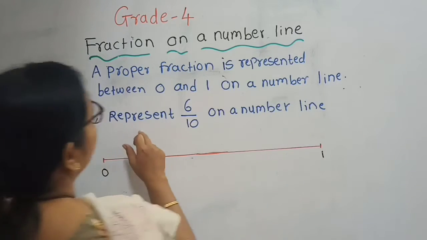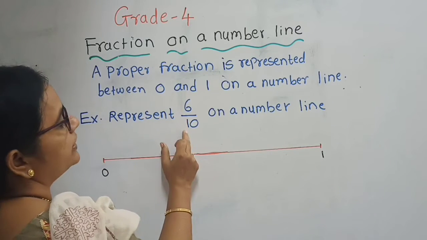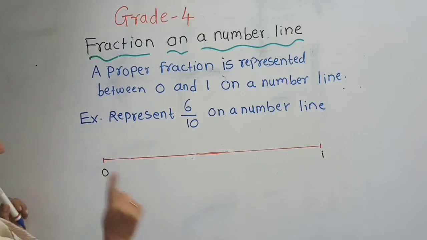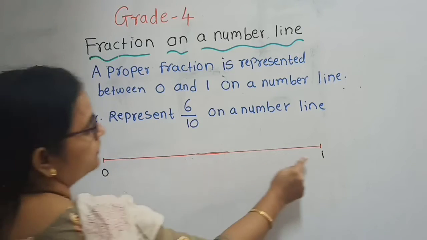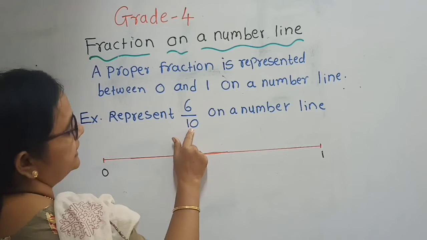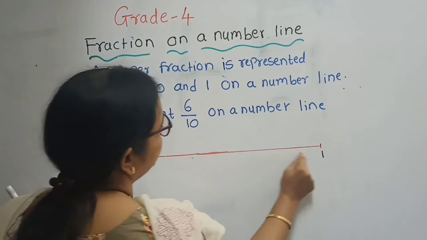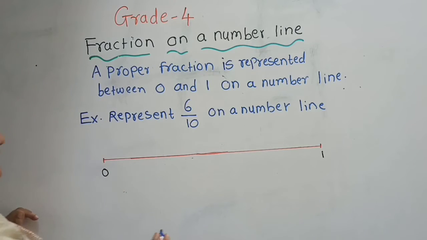Now we have to represent 6 upon 10 on a number line. First we have to draw a number line, then write 0 and 1 here. Now the denominator is 10, so we have to divide this number line into 10 parts.